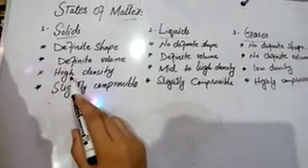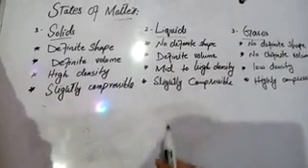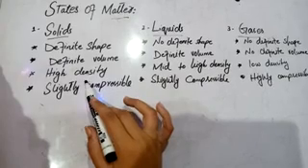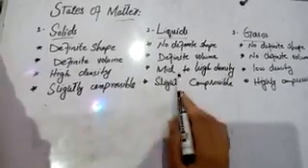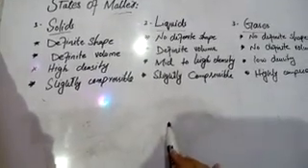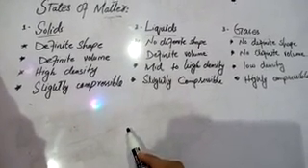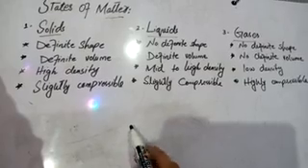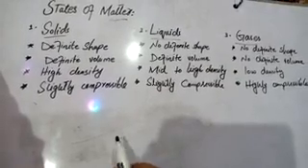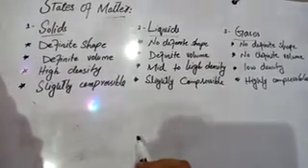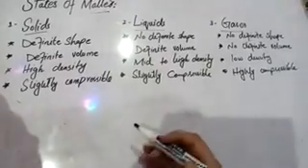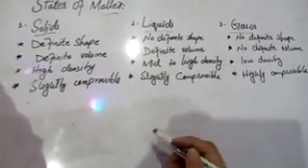Let's talk about the third characteristic of solids, liquids and gases. The third one is high density. Solids are denser as compared to liquids, and liquids are denser as compared to gases.